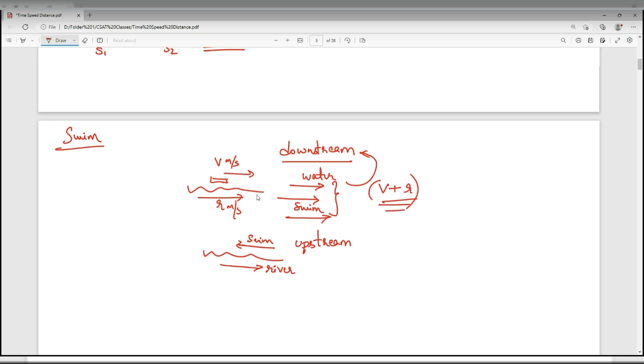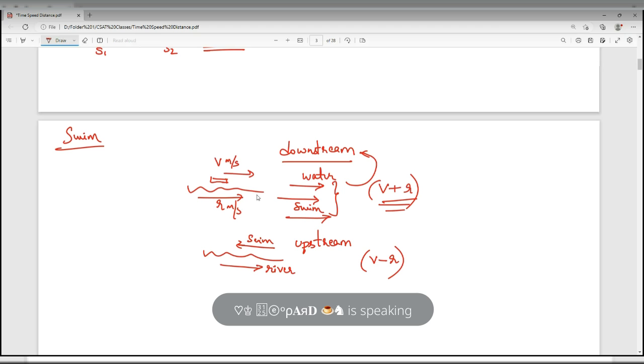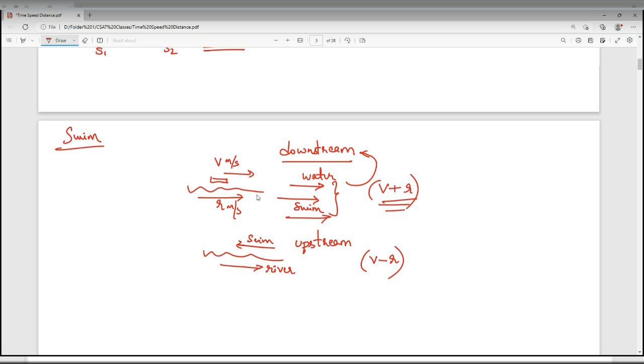In this case, we would subtract. Normally, if the swimmer is able to move on the left side, that is upstream, his velocity would be more than the velocity of the river. Only then can he move in the upstream direction. If his velocity is not more than the velocity of the river, he will flow with the river in the reverse direction itself.